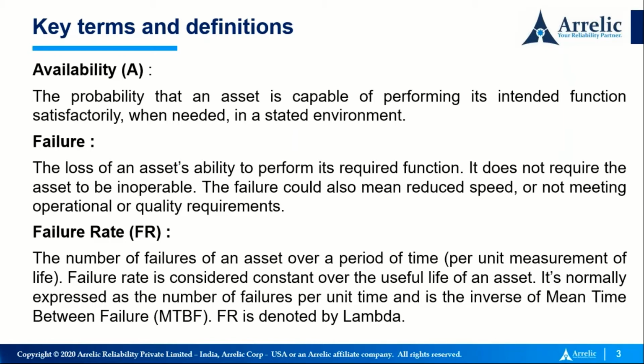Talking about key terms and definitions, starting with availability. Availability is defined as the probability that an asset is capable of performing its intended function satisfactorily when needed in a stated environment.